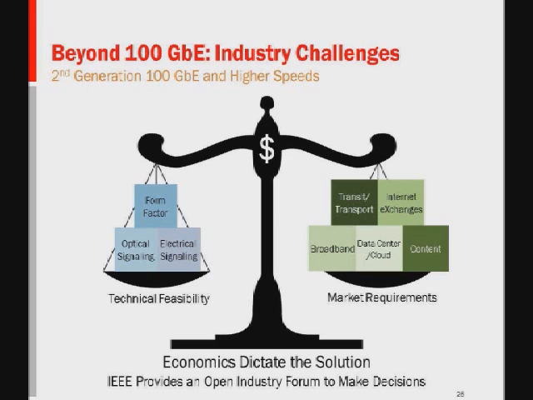And we have to balance that with what all you need in the market and what you're willing to pay for it. So if we build something that's really awesome but no one can afford, then there's really no point in doing that. Or if we build something that's really terrible and cheap, that's not really what you want either. So the point of this slide is really that we have to balance all the requirements with the economics of what we can do today, and hopefully that's something that people can afford.